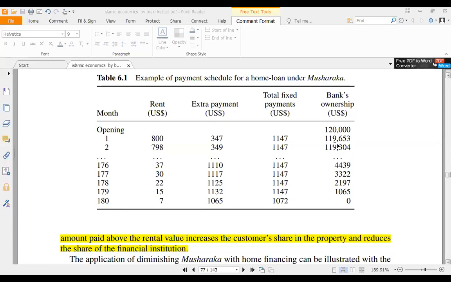Similarly, the customer will pay $1,147 in the second month.